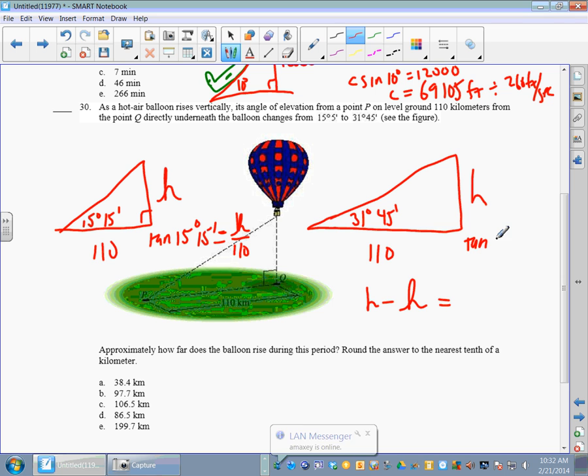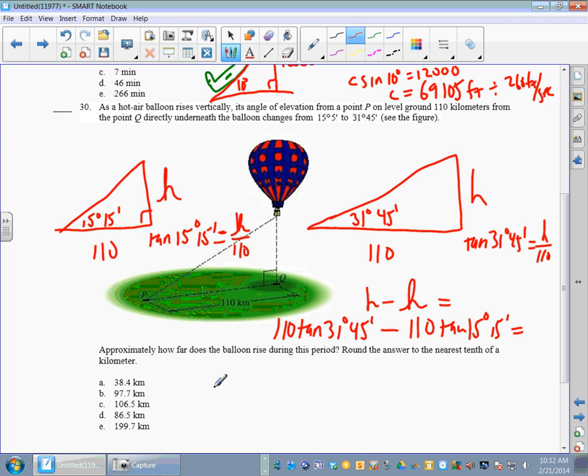And tangent of 31 degrees, 45 minutes equals h over 110. So you have 110 tangent 31 degrees, 45 minutes minus 110 tangent 15 degrees, 15 minutes.